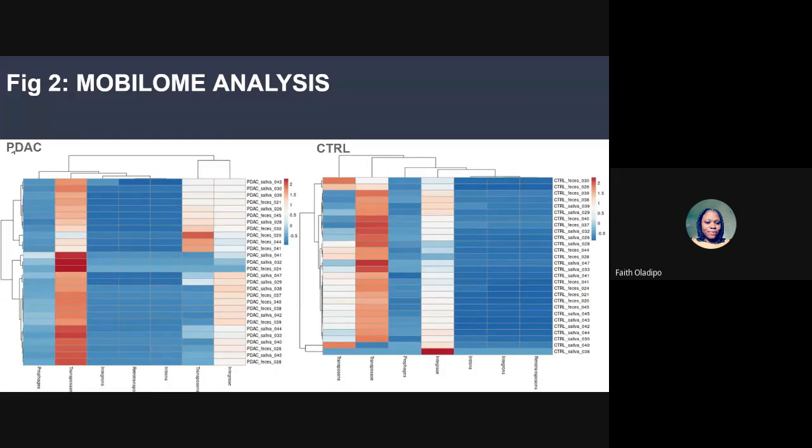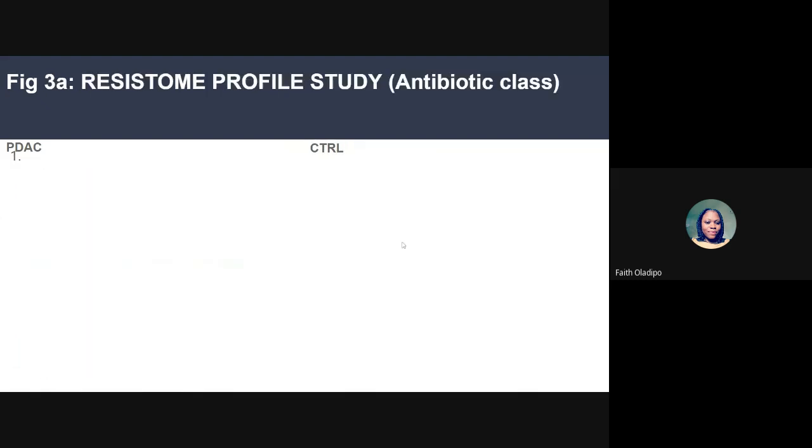This heat map helped us analyze the patterns of virulence gene abundance, which gave us insight into the mechanism of pancreatic progression. So in the PDAC, according to the maps, we notice the mobilome elements that are highly prevalent, that's the transposons, unlike in the control.